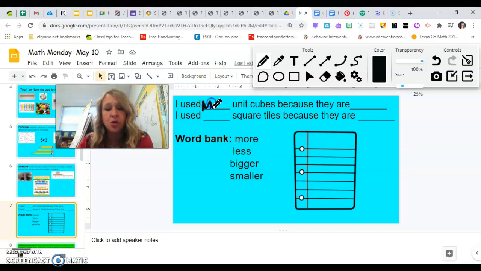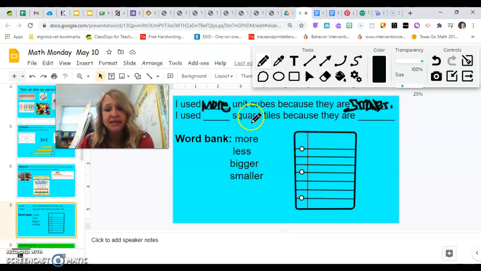I used more unit cubes because they are bigger or smaller? They are smaller, so I'm going to write smaller in the blank. This is really hard, guys. Now I know how y'all feel. Okay, I used more unit cubes because they are smaller, period.